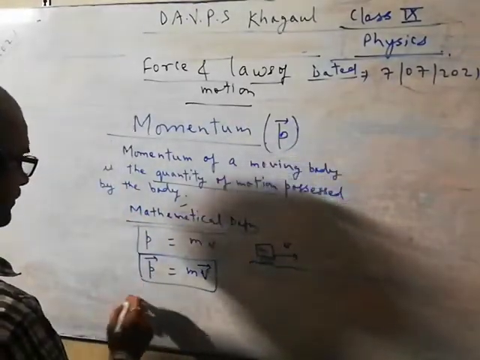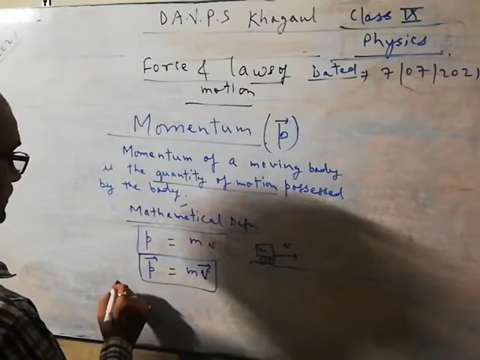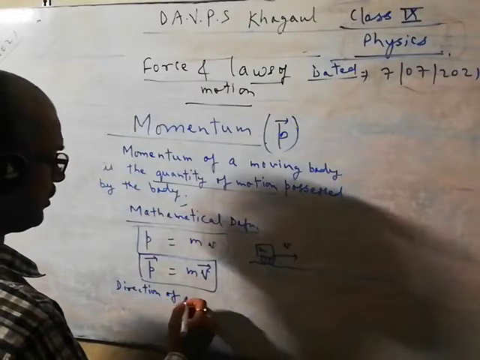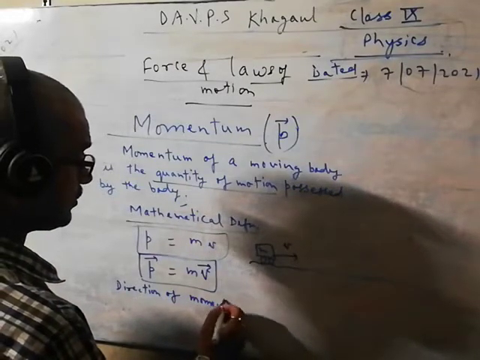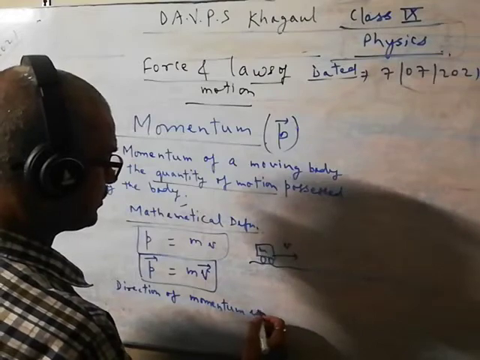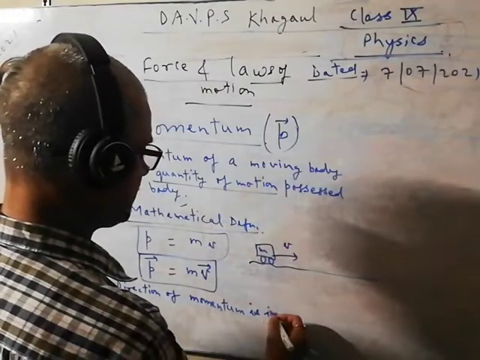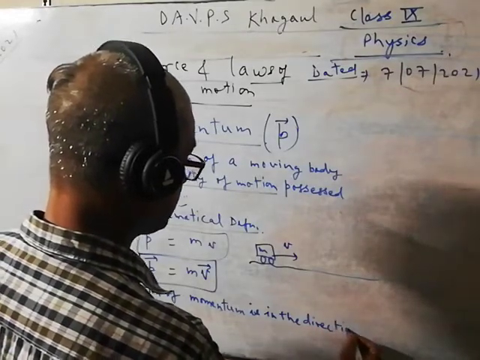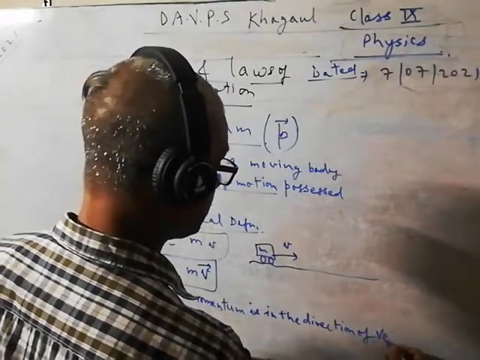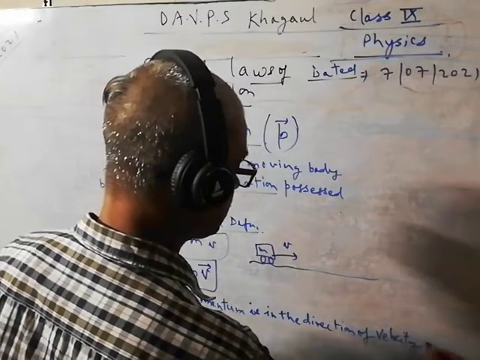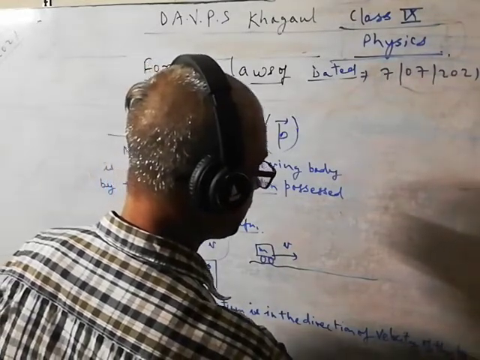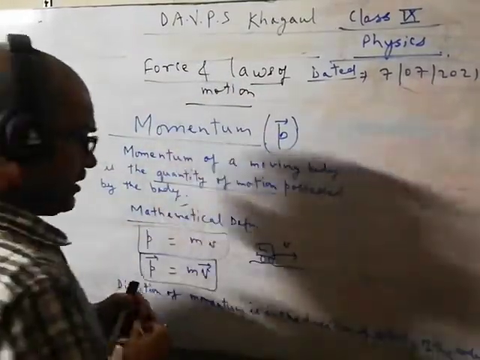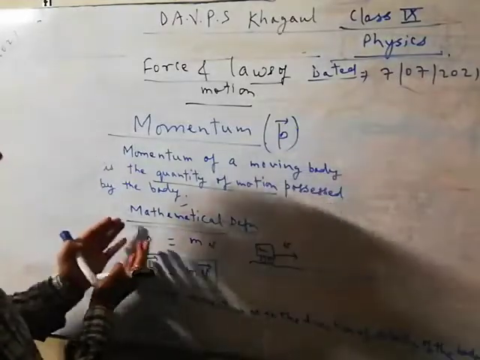So here the direction of momentum is in the direction of velocity. But what will be the value?